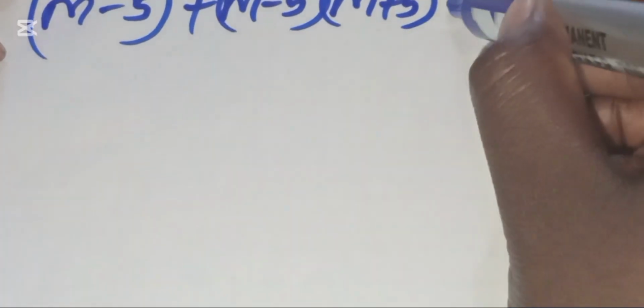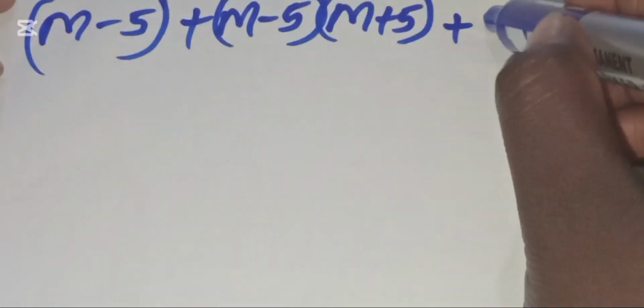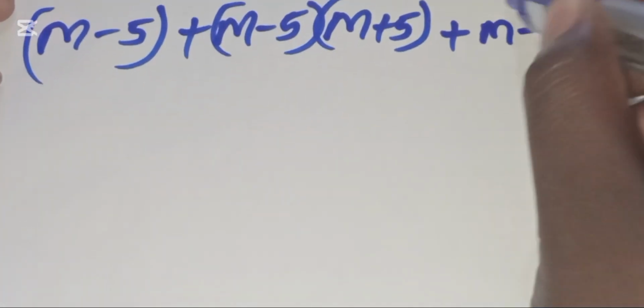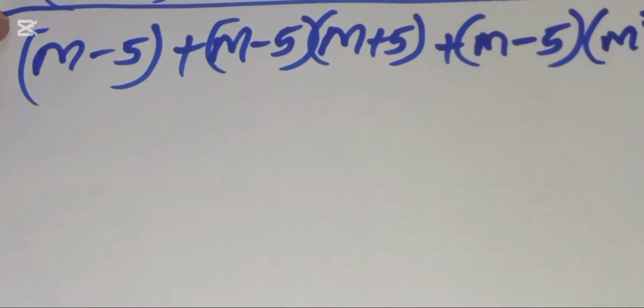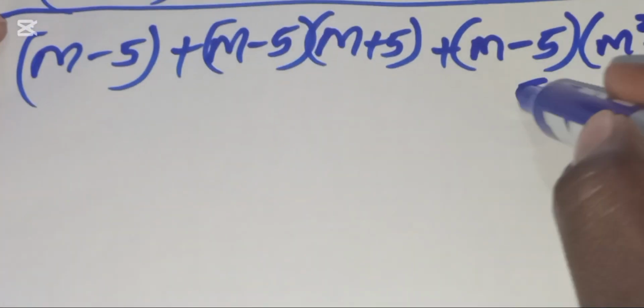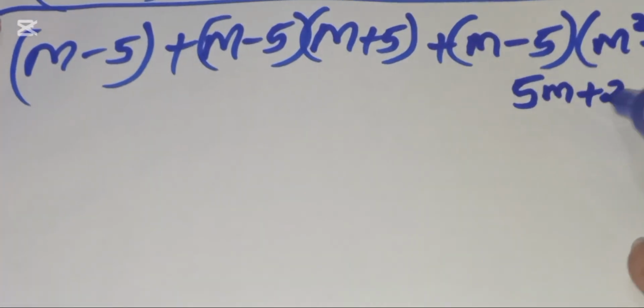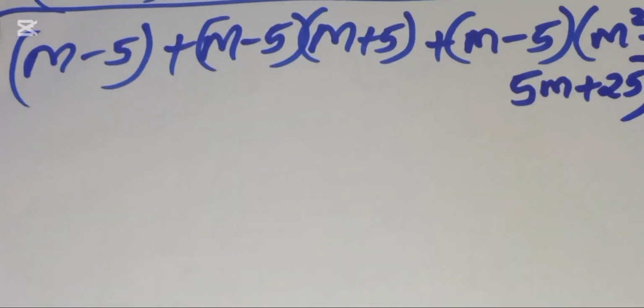Let's combine the 3 parts. We have m minus 5, plus m subtract 5 times m plus 5, plus m subtract 5 times the bracket m squared plus 5m plus 25, equal to 0.